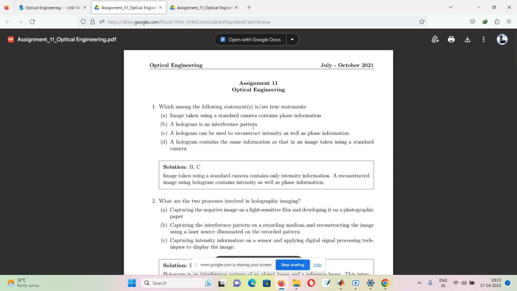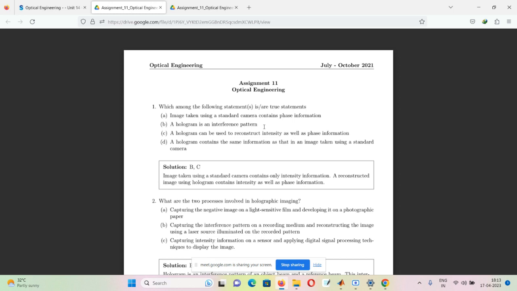Next, a hologram is an interference pattern. You may have already gone through how a holographic system works. If you look at a hologram, you cannot differentiate it; it will be a complex structure.